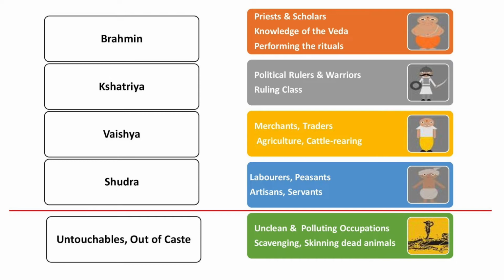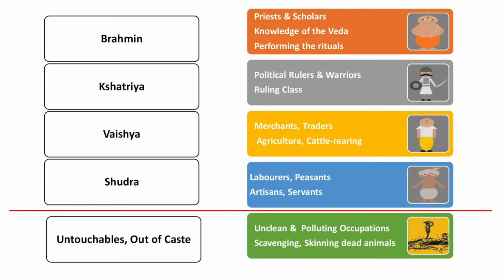Then come the Kshatriyas, who are the political rulers, the warriors, the ruling class, followed by the Vaishyas, who were the merchants, the traders, and they also engaged in agriculture and cattle rearing. Fourth came the Shudras, who were essentially the laborers, peasants, artisans and the servants.